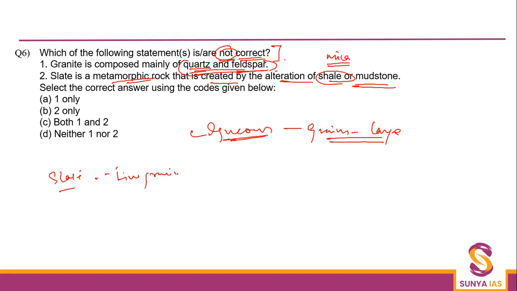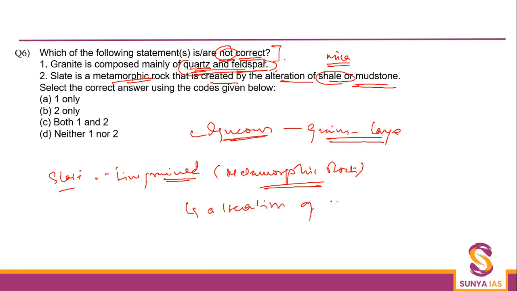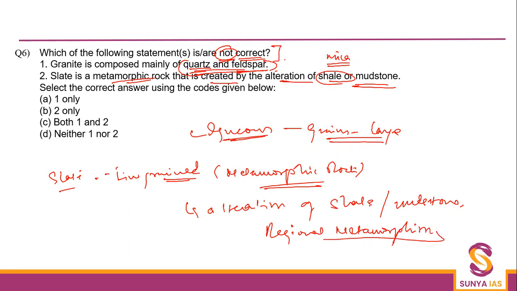ठीक है, slate is a fine grained material. ठीक है, it is fine grained and it is a metamorphic rock. That is also true. Okay, and it is created by the alteration of shale or mudstone. ठीक है, by regional metamorphism.